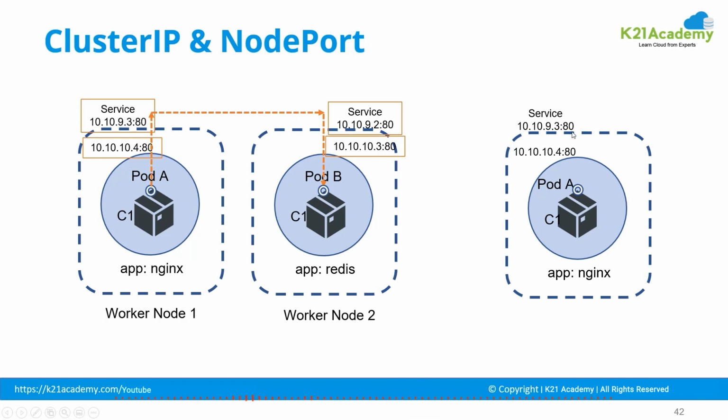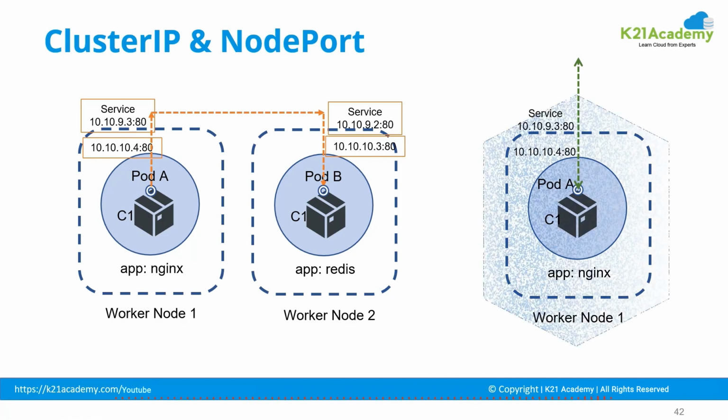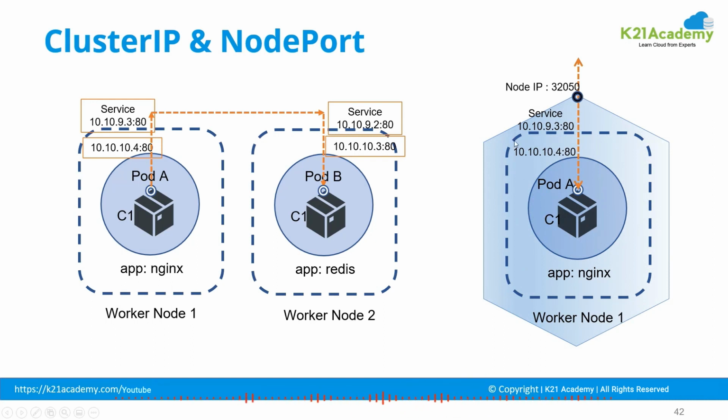Now this service is running on a node, and that node will have a port number. You assign a node port number which is 32050 for whatever the node IP is. So in this case, the external world will be connecting to 32050 on this node. The node will forward the request to this service, and then in turn it will go to the application running on this pod. So this is the difference between these two.